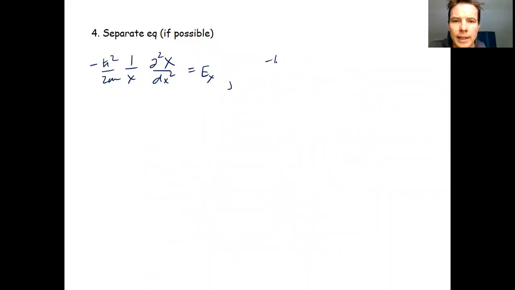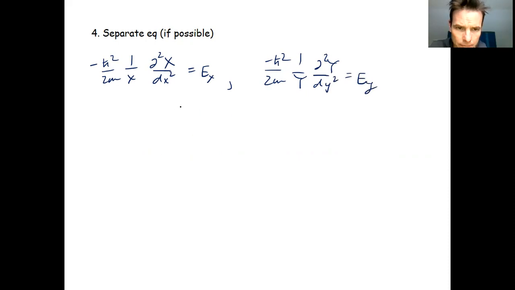I'm going to get a second equation, which looks like this. It's E. Look at these expressions. If I look at these separated equations, these are only functions of one variable.